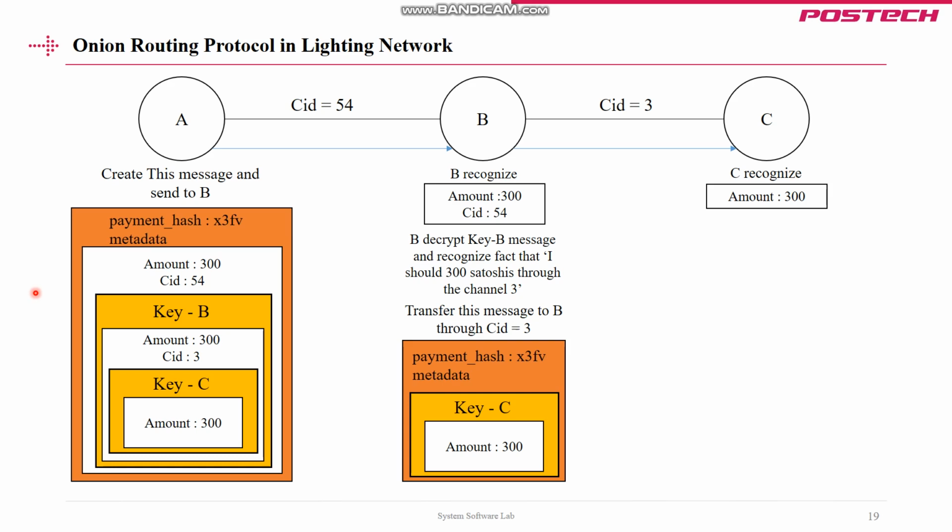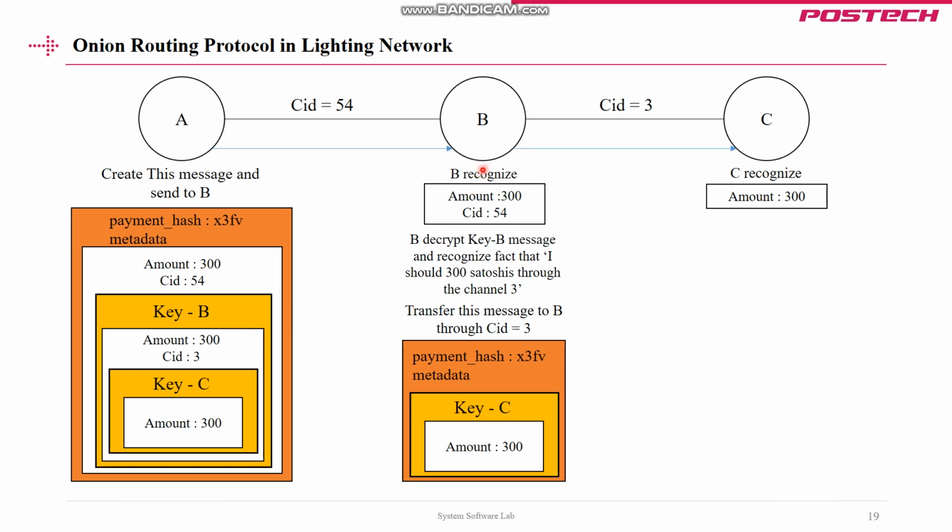This is the onion routing protocol in the Lightning Network. In this scenario, A wants to send 300 satoshis to C, and between A and B, and between B and C, they have direct channels. First, A creates these messages and sends them to B. B recognizes the amount 300 and the channel ID, decrypts the message, and recognizes that it should send 300 satoshis through channel 3.